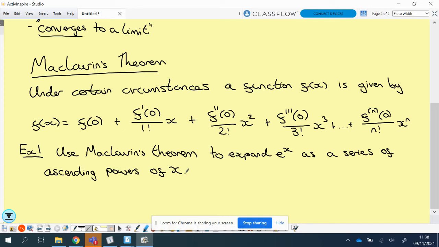So we know the exponential of x as a function, e to the x. We want to actually write that as a sort of power series, a sort of polynomial of whatever degree we want to take it up to. So that's what we can do using Maclaurin's theorem.